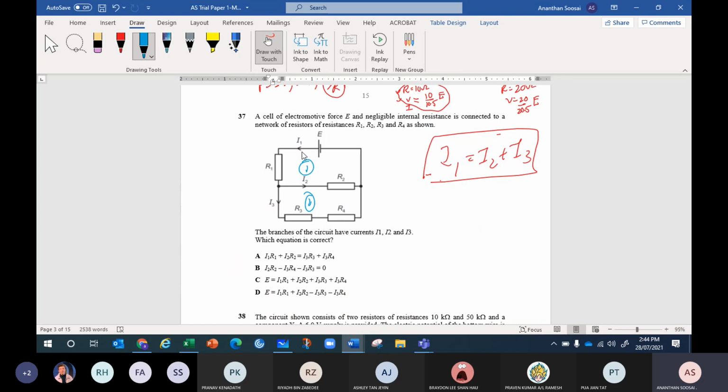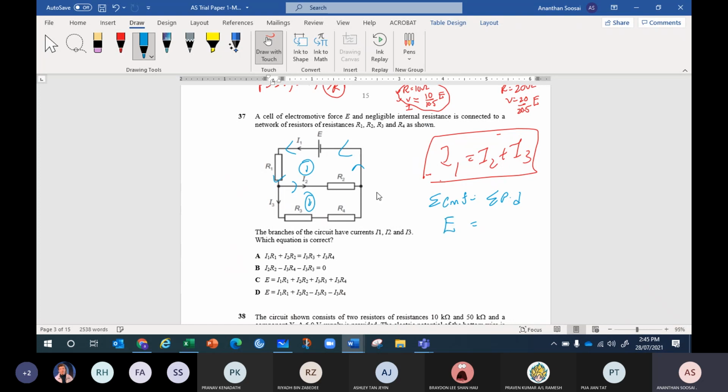Kirchhoff's second law: sum of EMF equals the sum of PD in that loop. First step, choose the direction. In this case, we follow the battery direction, so we go anti-clockwise.